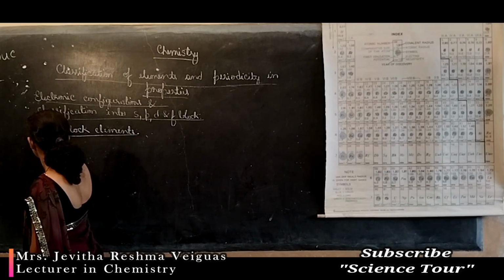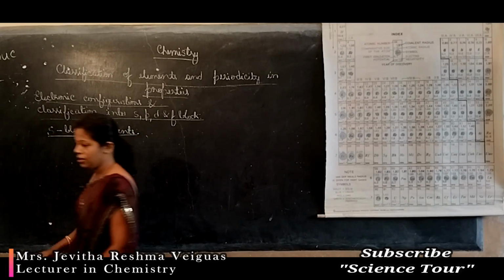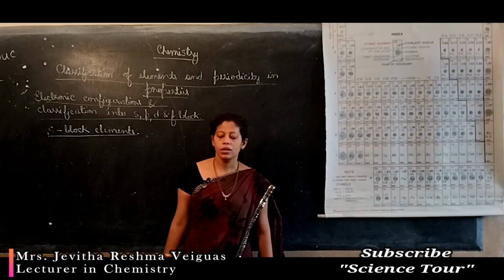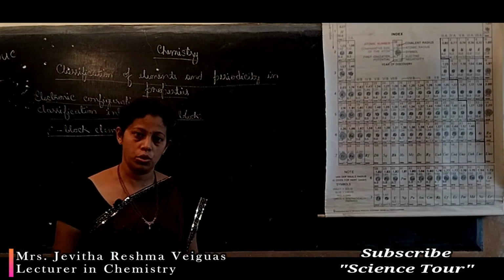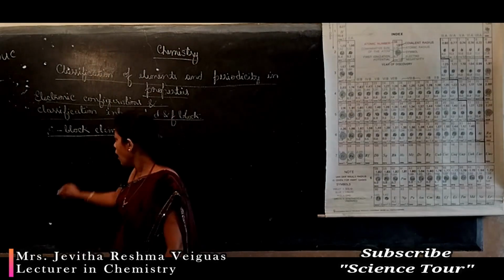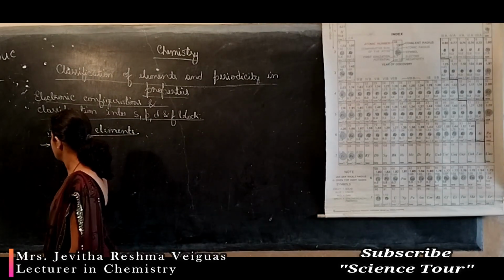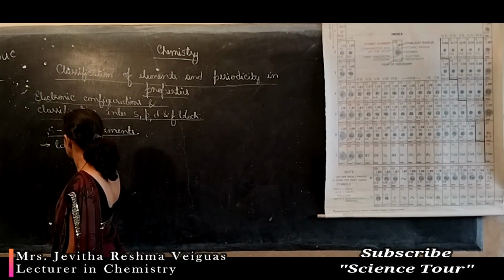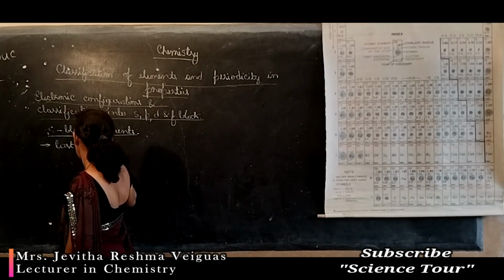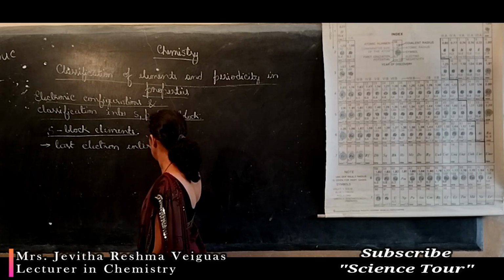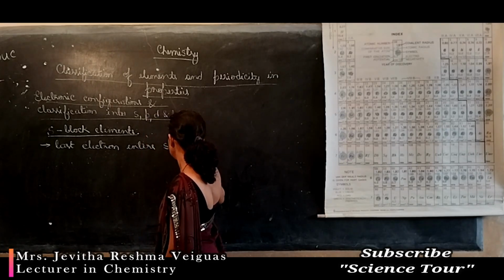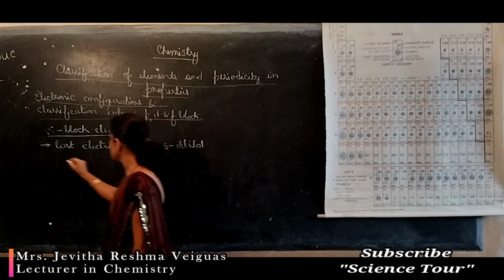We are studying about S block elements. What are these S block elements? S block elements are those in which last electron enters S orbital of a valence shell.